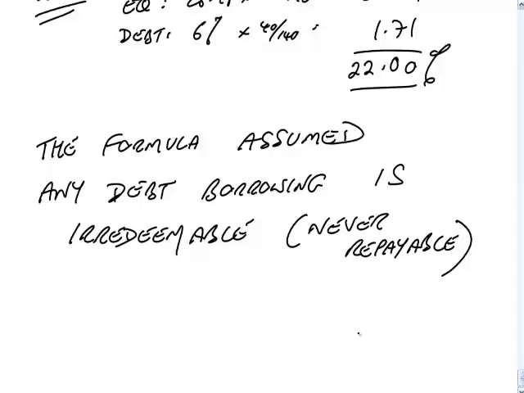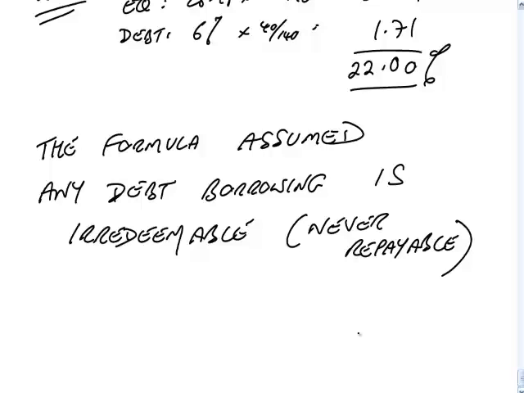Obviously, proving the formula is irrelevant. You just use what you're given. But it does create a little problem. In one sense, you can get around it and say, all right, in real life, of course, that's impossible. In real life, you can't borrow irredeemable. You'll always have to repay. Would you agree?